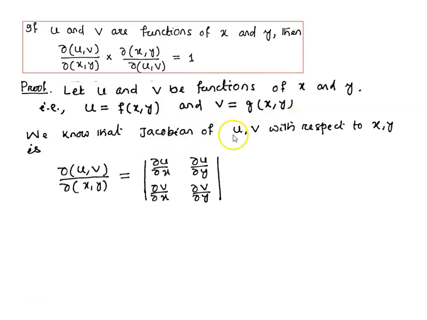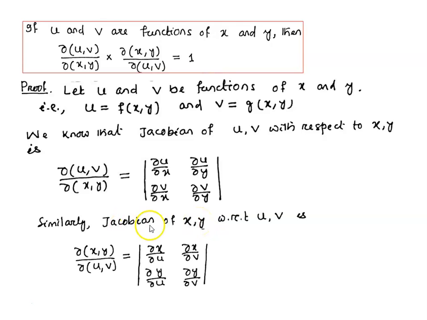We know that the Jacobian of u, v with respect to x, y is the determinant of the partial derivatives of u with respect to x and y and the partial derivatives of v with respect to x and y. Similarly, the Jacobian of x, y with respect to u, v is del x, y divided by del u, v. That means del x by del u, del x by del v, del y by del u, del y by del v.